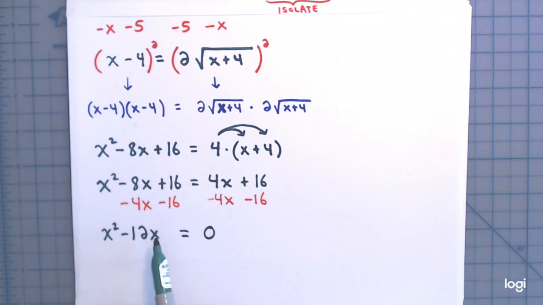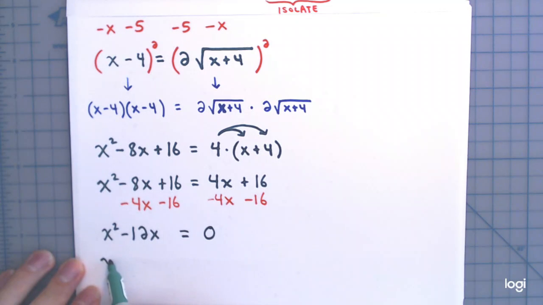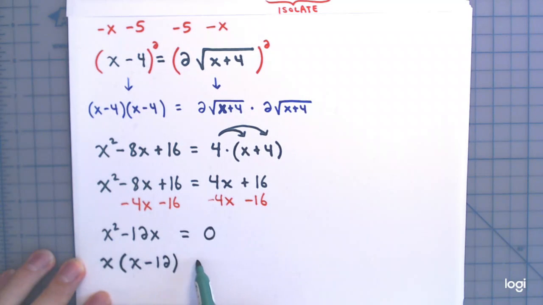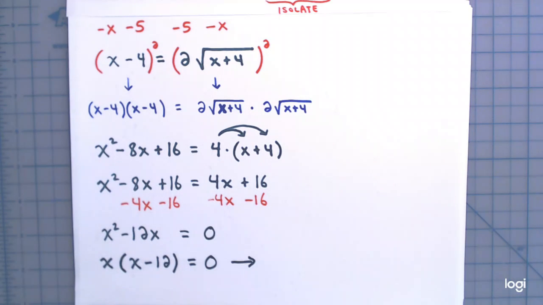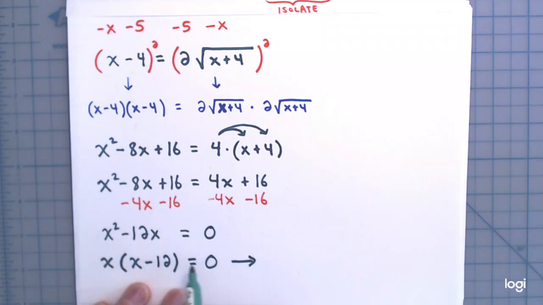And I would factor this, and both of these terms have a common factor of x, so I factor that out. And then the factor left over would be x minus 12. Okay, and I got this product equal to 0. Using that zero product property, a product is only equal to 0 when one of the factors is 0.